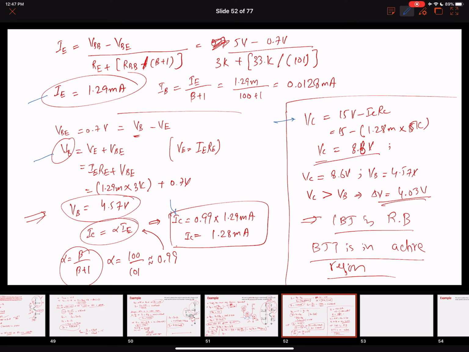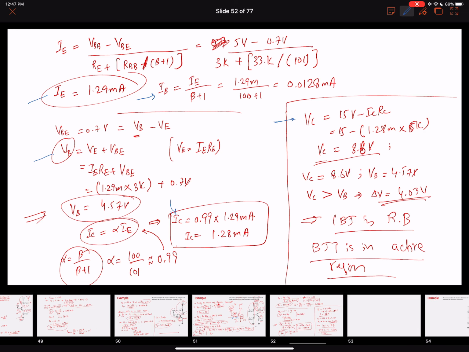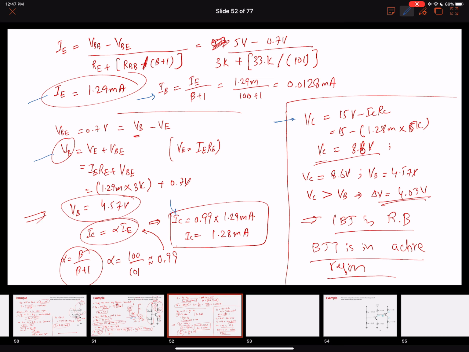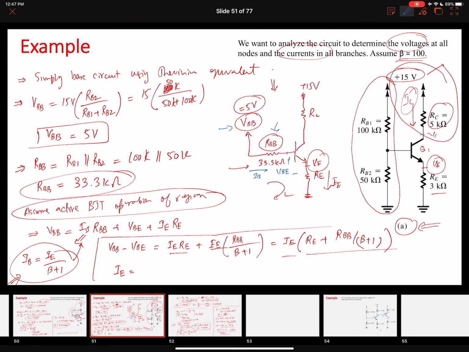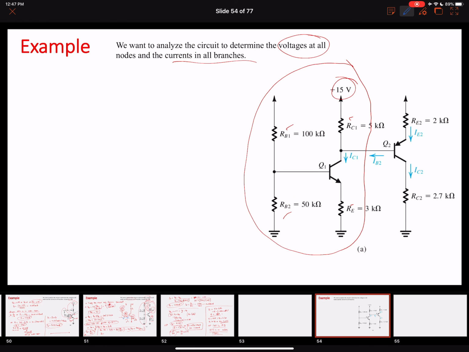Where is the base current value? Here's the base current value. Since all the values of the resistors are the same and our transistor is the same, our biasing voltage is the same, so we are probably going to use the same numbers. So let's go back to our current problem.